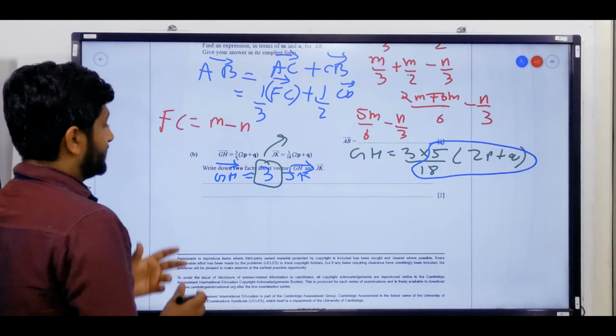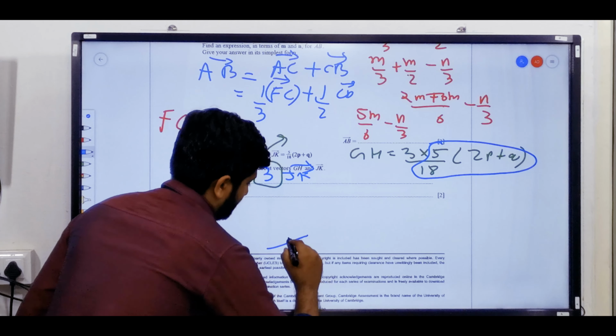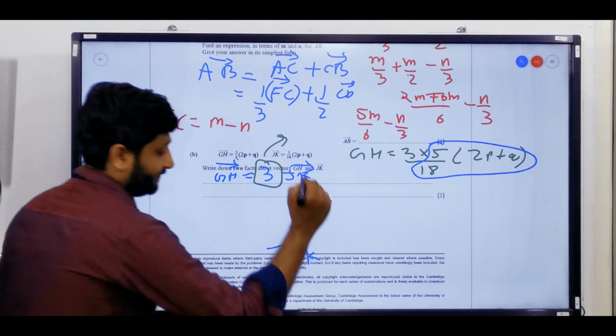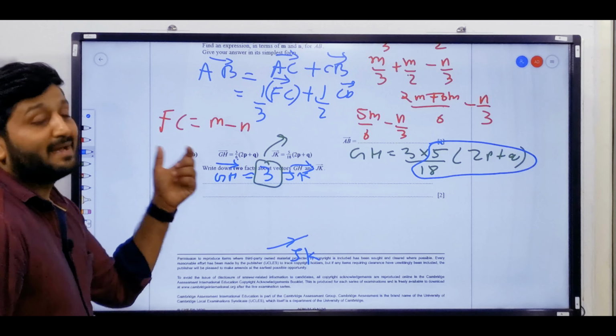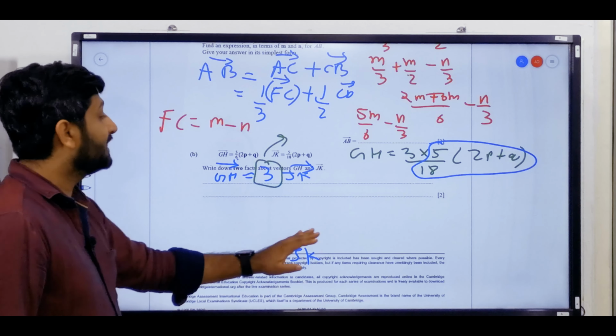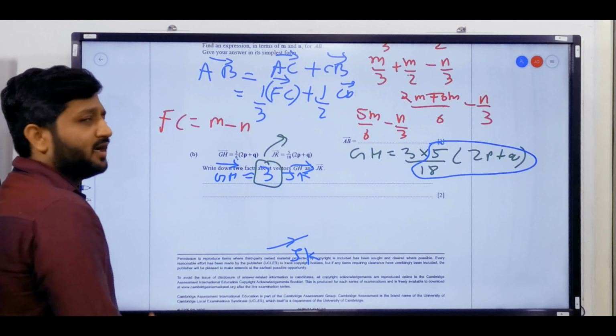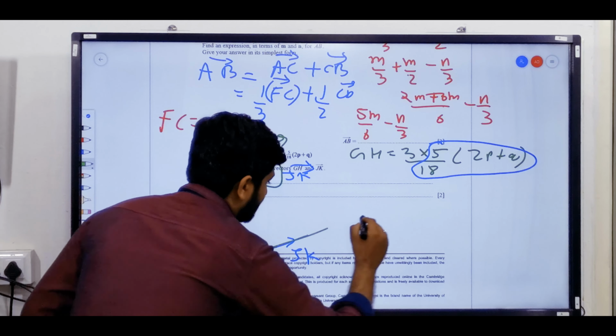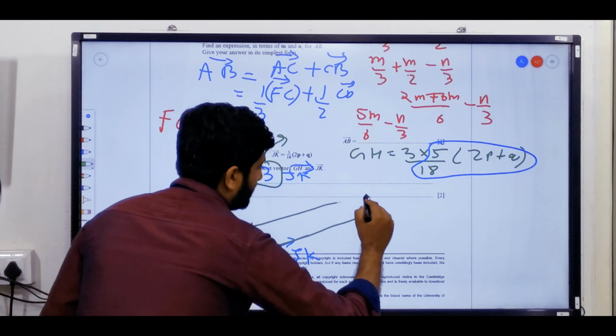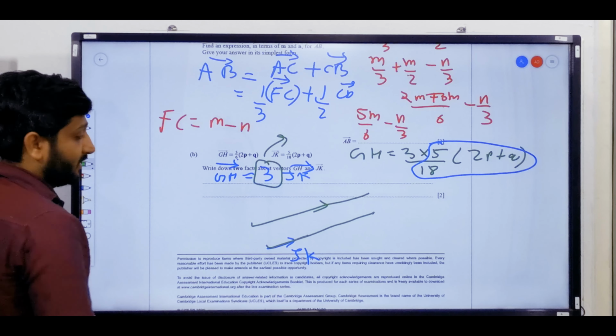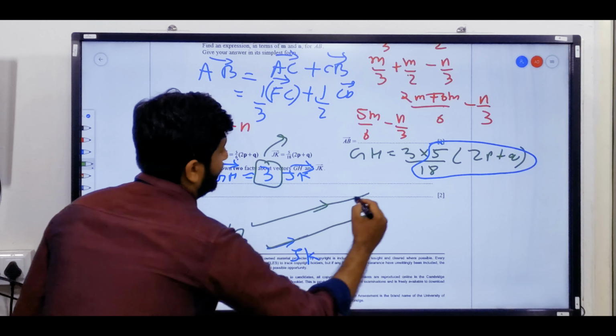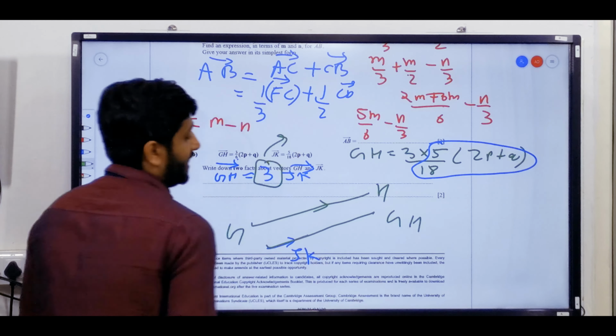What I am meaning to say is, let's say this is my JK. My GH should be 3 times bigger than JK. It could be on the same line, or it could also be on some another line. If this is my JK, this is supposed to be my GH.